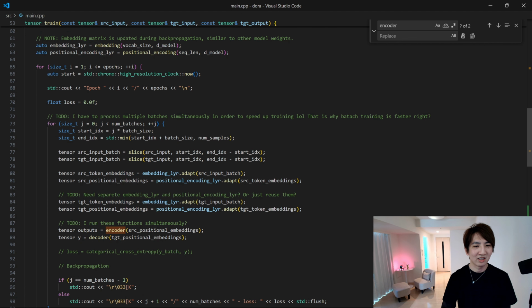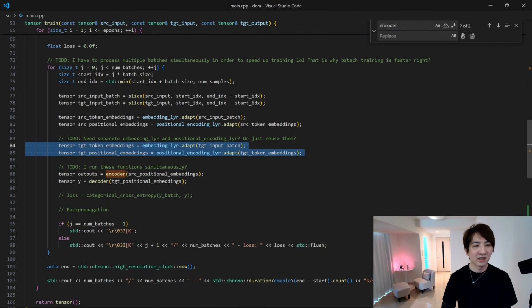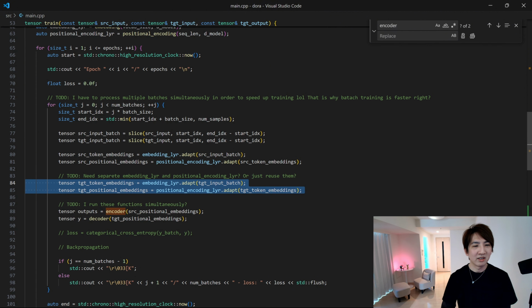Similar to what I did for the encoder, I do for the decoder. I embed the input for the decoder and also add positional embeddings to that embedding and pass that to the decoder.